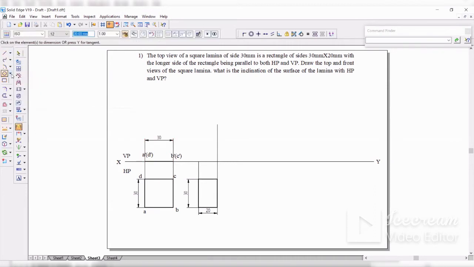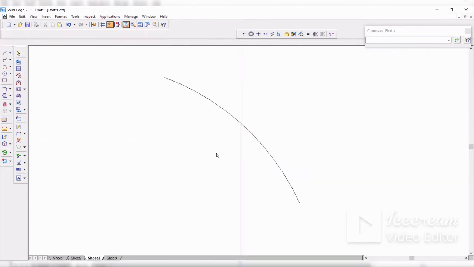This is 30, which we know already. So I will take from here, radius 30, and cut an arc. What that means is, from here I will draw the projection here.